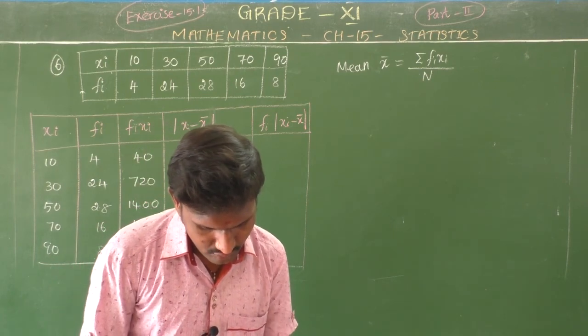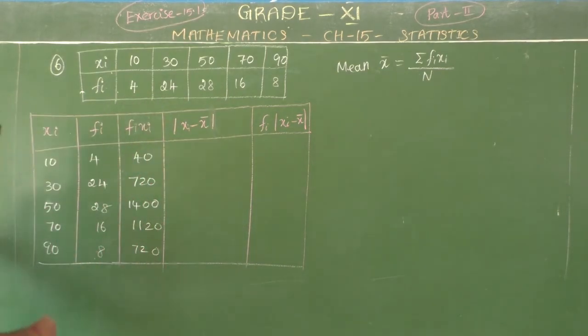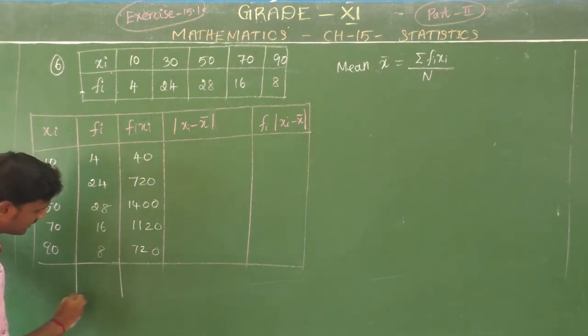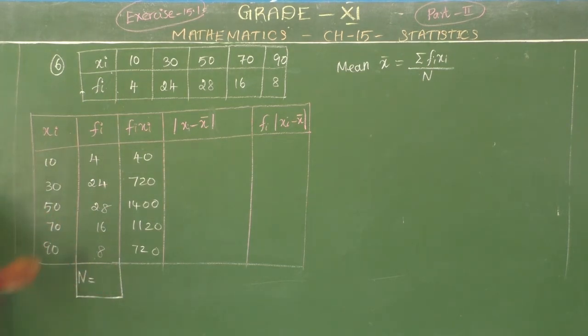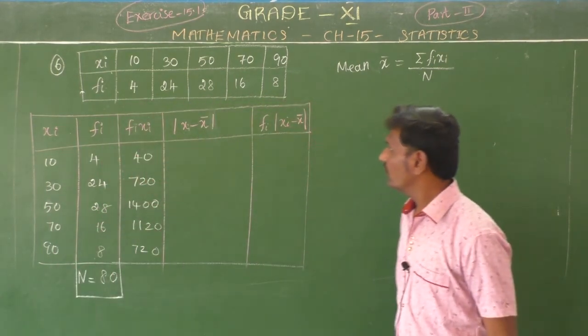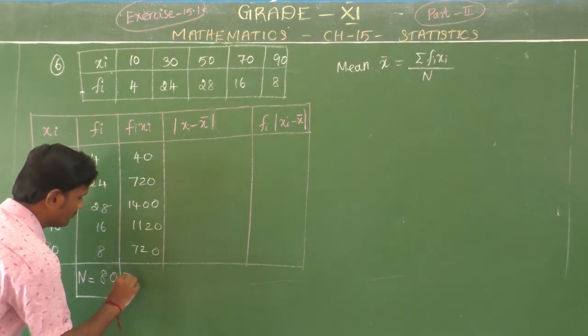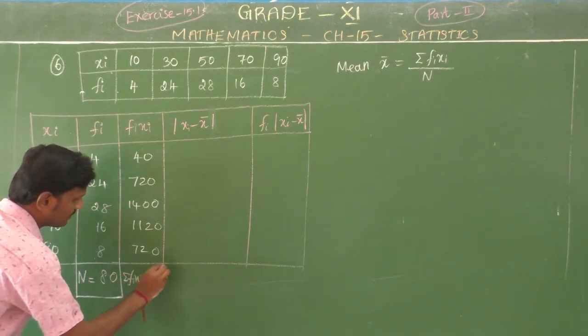Here n is the sum of all the frequencies: 4, 8, 16, 22, 30, remainder, 80. So what is your value of n? 80. And then we need to take the summation fi xi also.